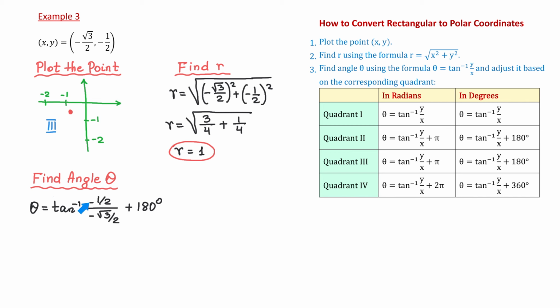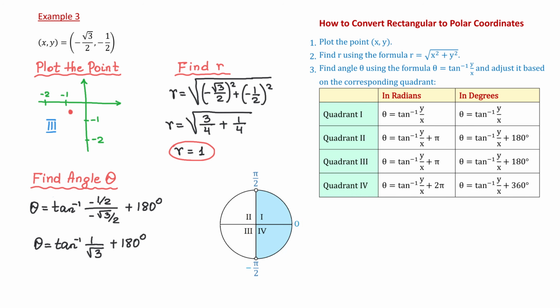Then negative divided by negative is positive. 2 and 2 will cancel, and we will have 1 over square root of 3. So theta equals inverse tangent of 1 over square root of 3 plus 180 degrees.